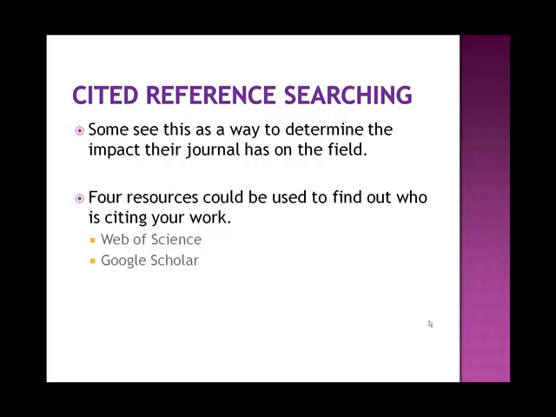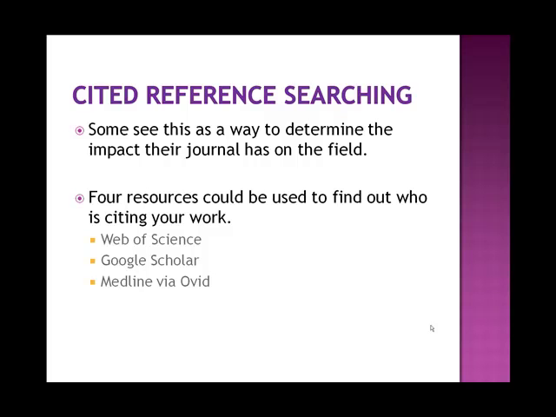You'll notice that if you look up an article in Web of Science and in Google Scholar, a lot of times the number of articles citing that work is a little bit higher in Google Scholar. Google Scholar covers materials that might not be covered by Web of Science, and that's one reason the number could be higher. The other reason is that I think Google Scholar looks at conference abstracts and proceedings and things like that.